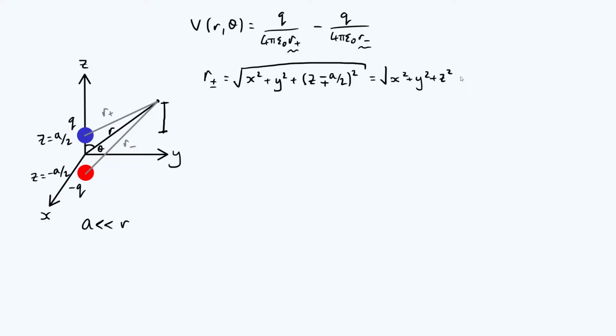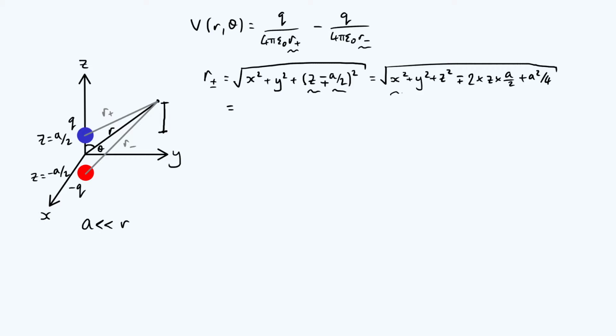Then we're going to have minus or plus twice the product of those two things in the bracketed term, so 2 times z times a over 2. And then we're going to get a final term, which is plus a squared over 4.